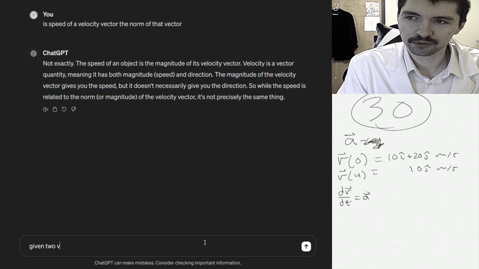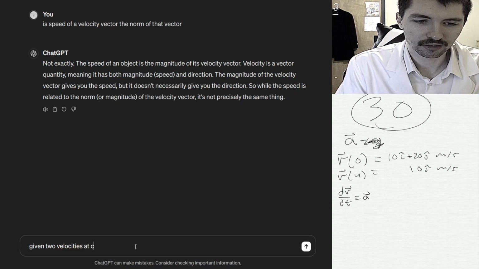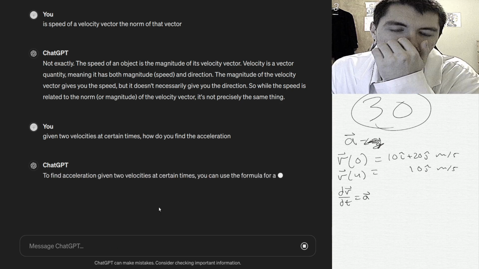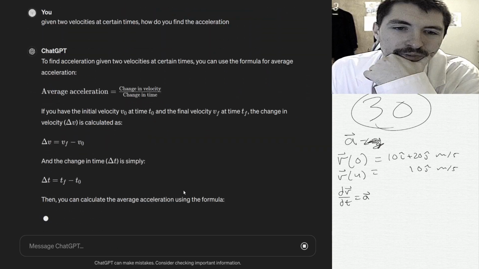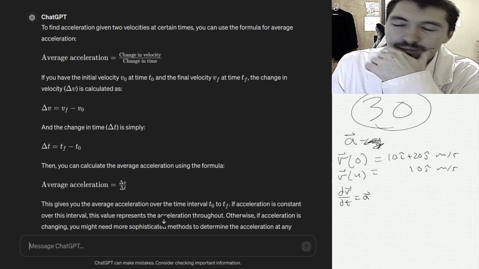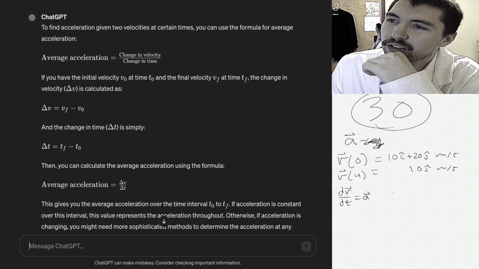Okay, so I need assistance. Given two velocities at certain times, how do you find the acceleration? I know there's a function we have to use. Do they want average acceleration? Maybe that's all we can find.